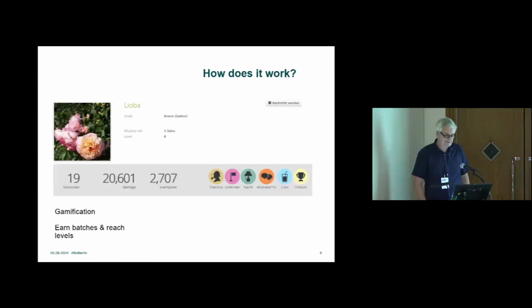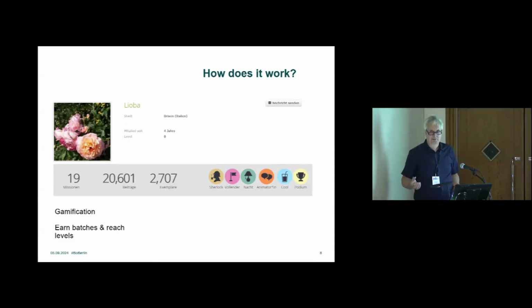Then there's a certain gamification factor implemented in the system. First of all, you can reach levels during your work. You start with very easy tasks, and the more you work, the more experience you get, and the higher the level you can reach. And the second thing which is implemented are so-called badges you can earn. And that's all in German, sorry, but I can translate a little bit. Sherlock, for example, you get if you derive new information from existing information.